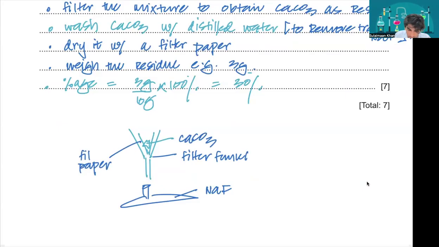Filter paper traps the residue. How long would it take you to draw it? 2 seconds. There's nothing to make a mistake here. It's not necessary, but it's better to draw it.